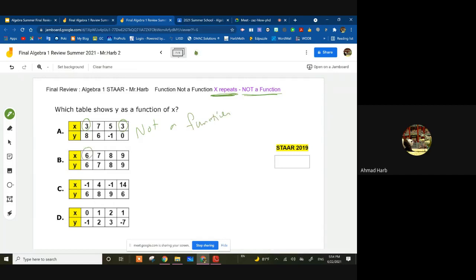With x 6, 7, 8, 9, the x is not repeating, so this is a function. Look at the x here, -1 and -1, they repeat, that's not a function. And the x repeats here, the 1 and the 1, that's not a function. So the one that is a function would be the one without repeating. It's the second answer choice.